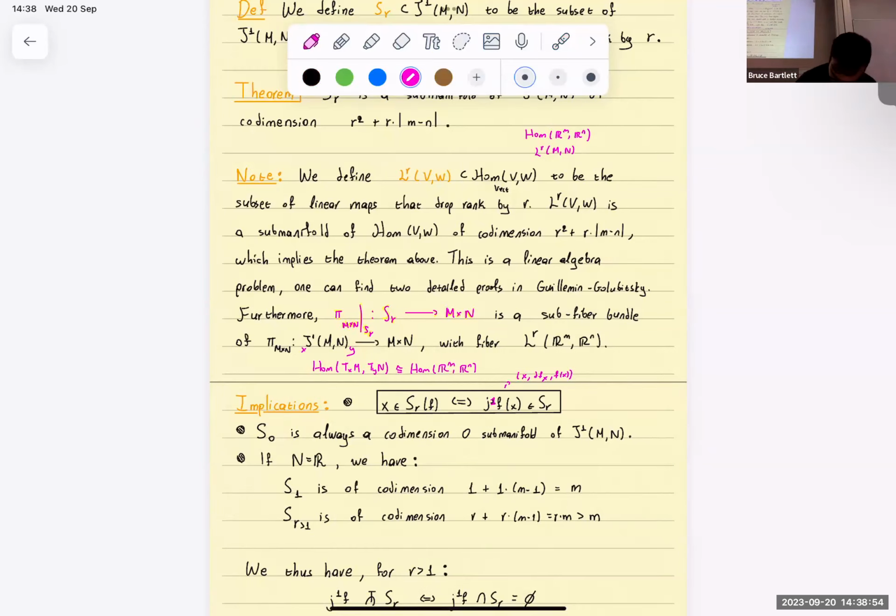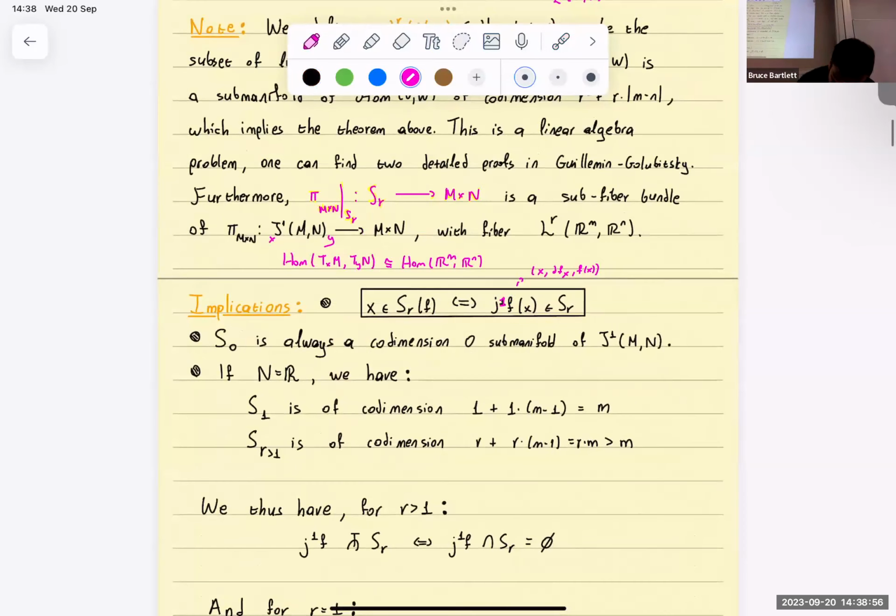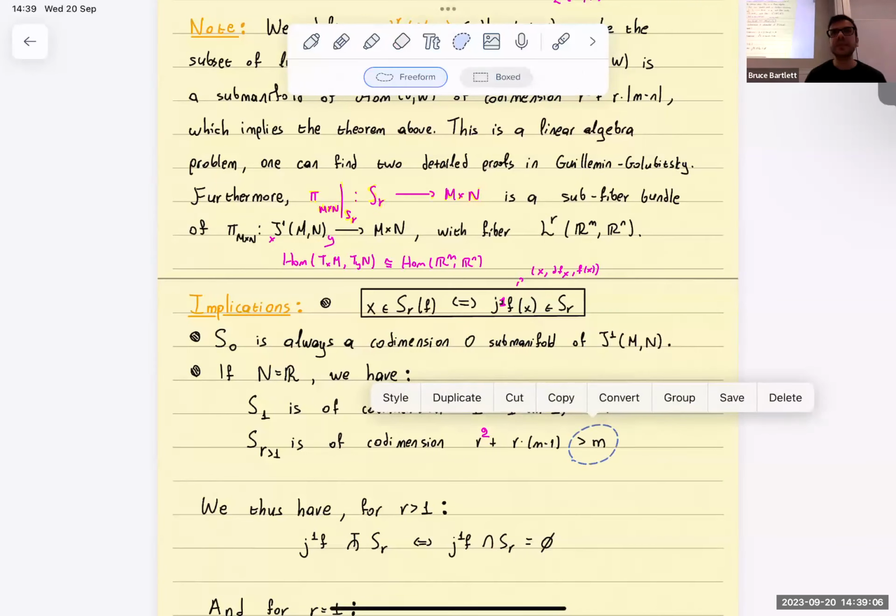It doesn't affect what I actually want, but that should be R squared. So this is no longer true, but this is definitely true.